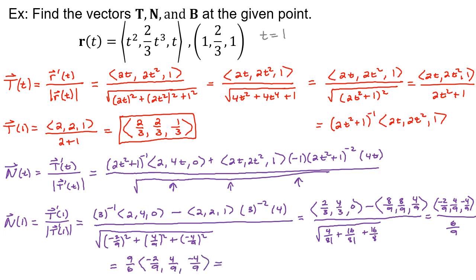Which simplifies: the 9 on top cancels all the 9s all the way across, and -2 divided by 6 is -1/3. 4/6 would be 2/3, and a -2/3. That is your N evaluated at 1. So if you have the N and you have the T, then you do the cross product to find the B. And I'll actually do that on the next page because I'm kind of out of room on this one.